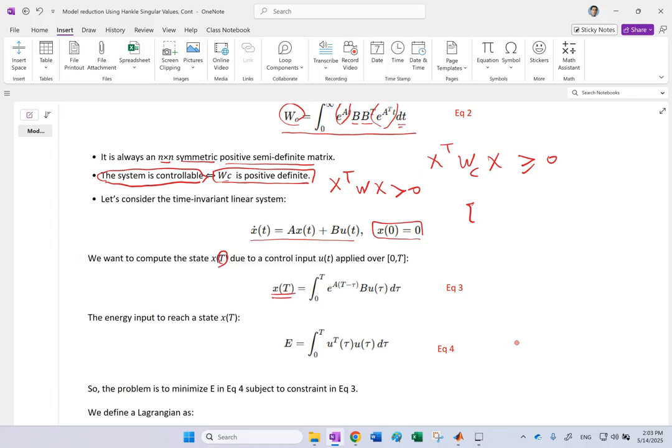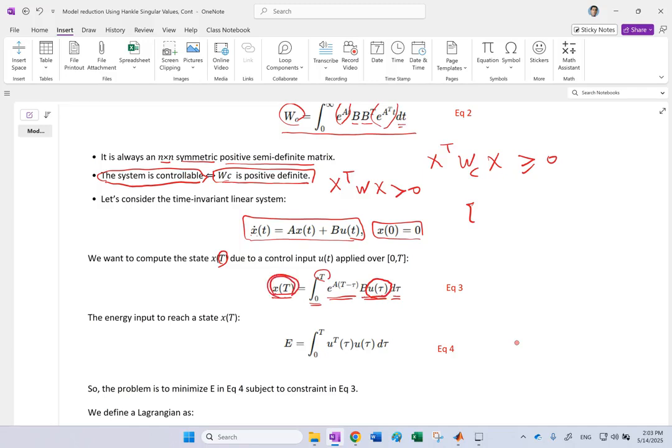Well, if I integrate both sides of this and solve for x, this is a first order ODE in terms of the state vector, then x at time t is going to be the integral from 0 to t of the state transition matrix, convolved with BU, correct? That's a convolution. So I put the energy in U, the input of the system, and that allows me to go from the origin to this state.